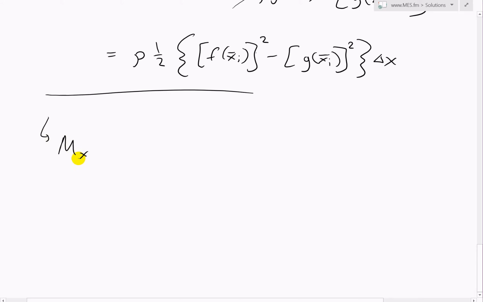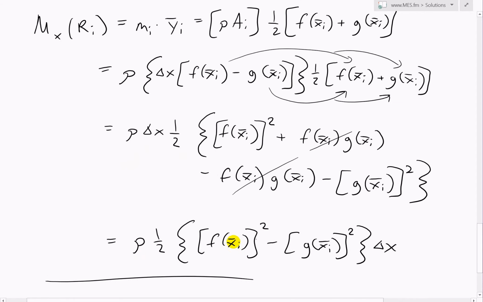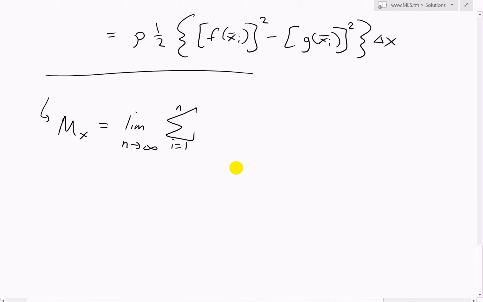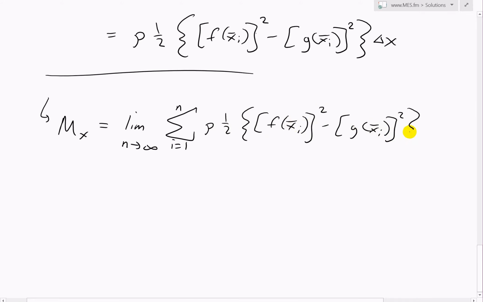So the total moment about the x-axis is going to be equal to the limit as n approaches infinity of the sum from i equals 1 to n. Again, this is for the subregion, and it's the limit of this whole summation. So we get now rho 1/2, just plug it in, minus, and then delta x. And again, this is the Riemann sum.